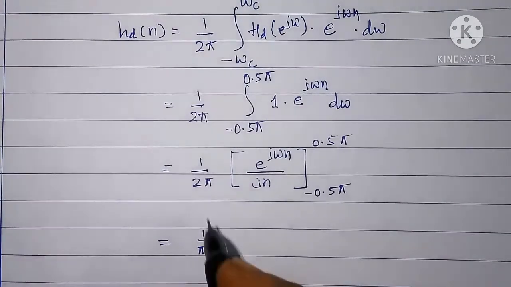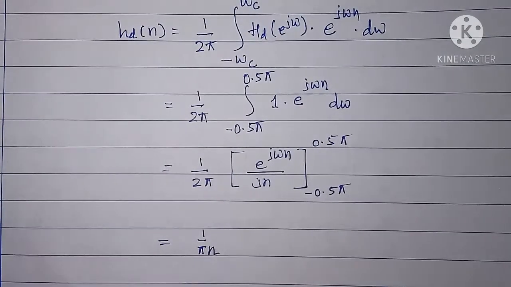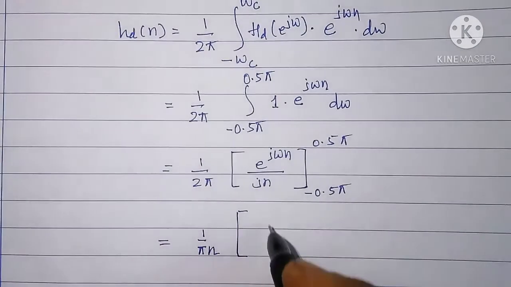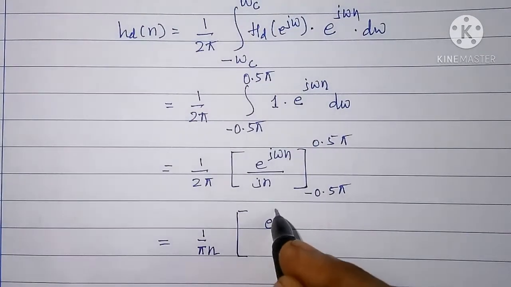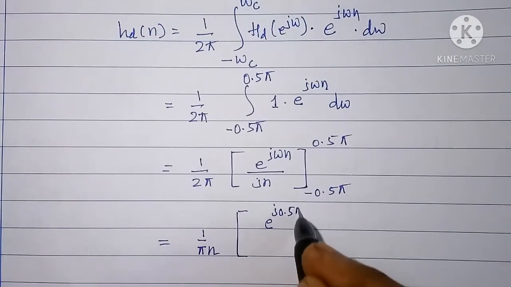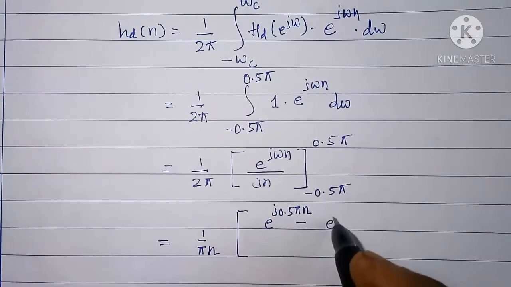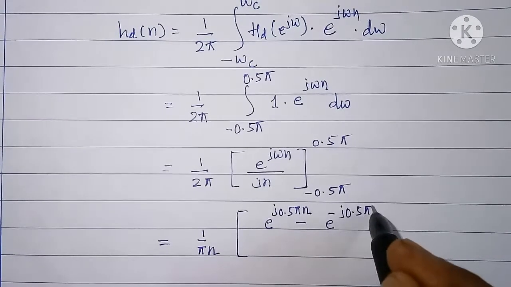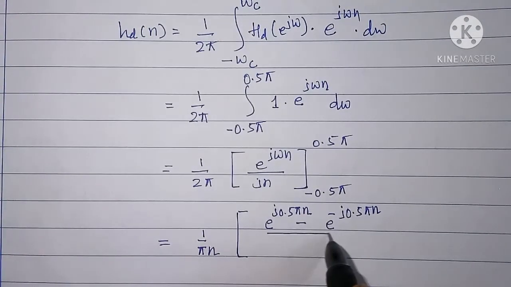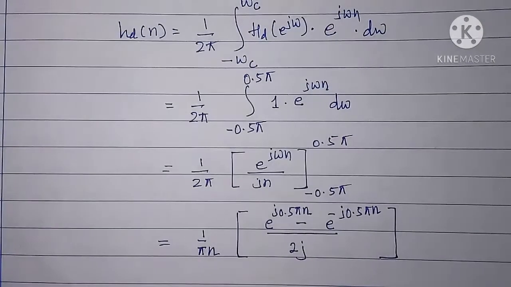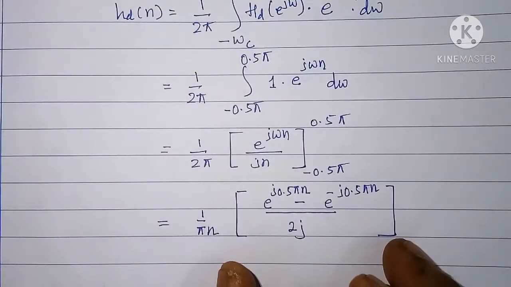One by pi into n inside the bracket e raised to j 0.5 pi n minus e raised to minus j 0.5 pi n divided by 2j, and this bracket may be now written as sine of 0.5 pi n.